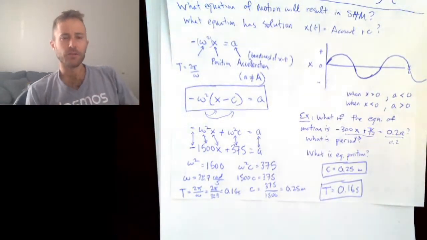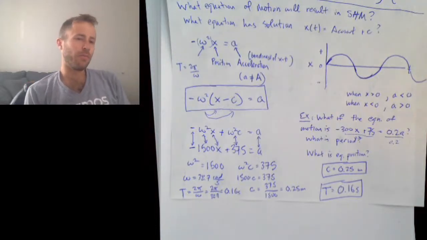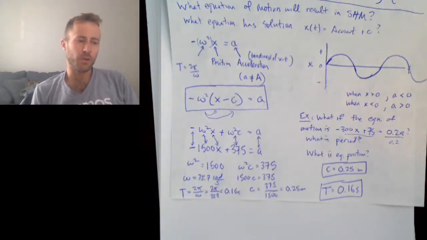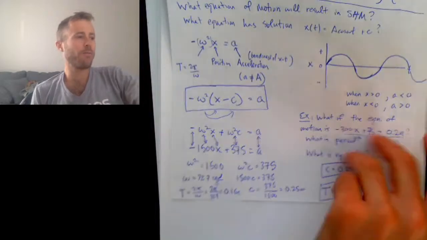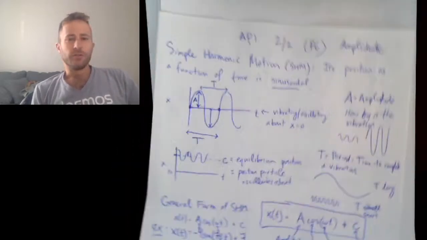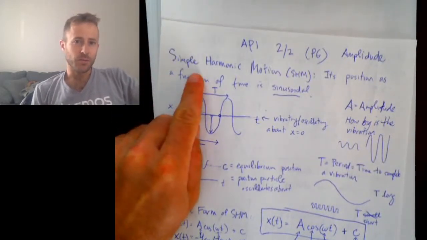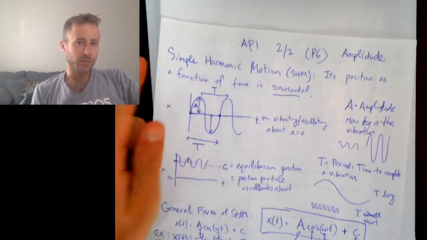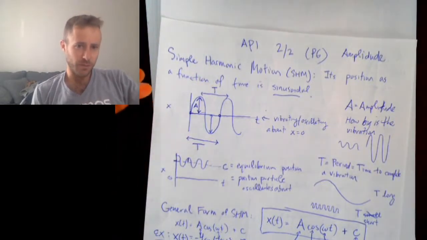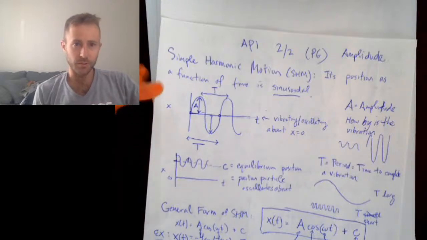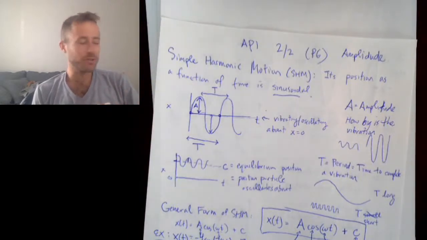All right. So what have we done today? We have defined simple harmonic motion. Simple harmonic motion means that your position as a function of time is sinusoidal. Sinusoidal meaning sine or cosine or any combination of the two.